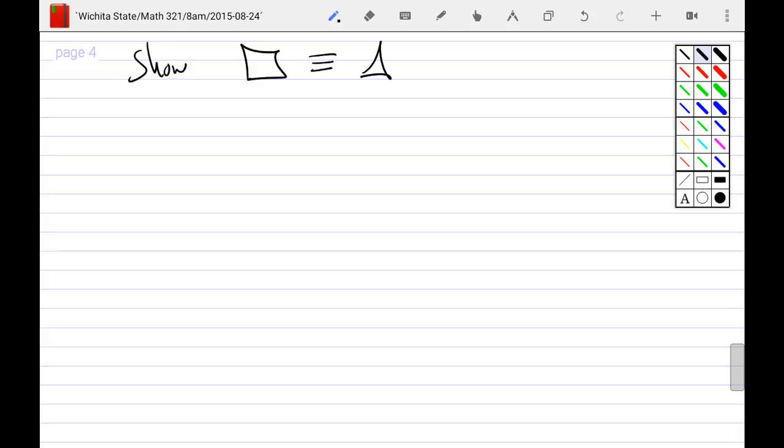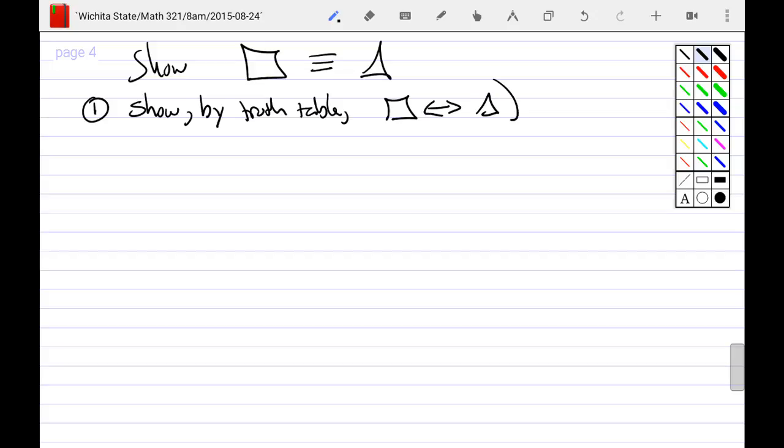Use some open symbols instead of P and Q. If I have a left and right and I want to show that they're logically equivalent, we are going to have three primary techniques for this. One, show by truth table that the left, whatever it is, biconditional with the right, as a single compound proposition, is a tautology.